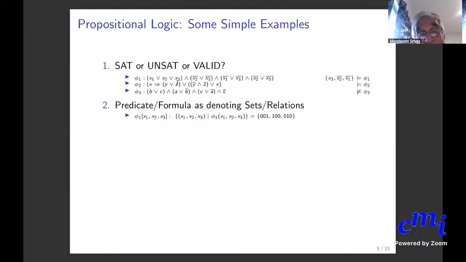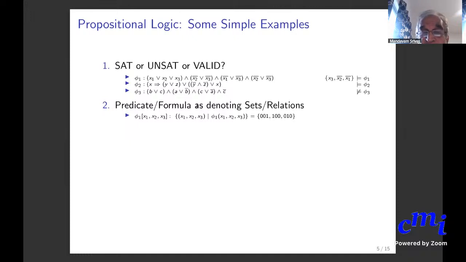In that sense it can be considered as a Boolean function. A function whose range is true or false is what is called a predicate. So every formula in propositional logic can be considered as denoting a Boolean function or a predicate.